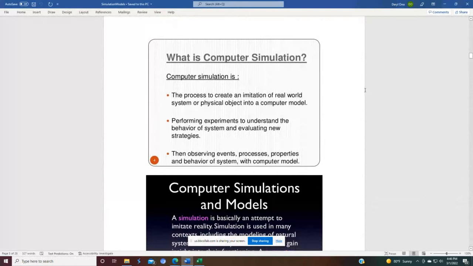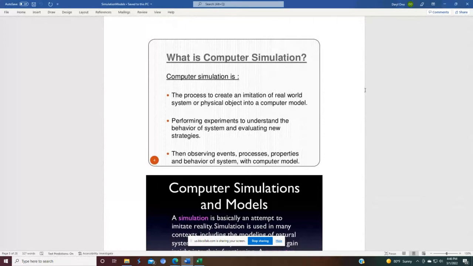So what is computer simulation then? Computer simulation, you want to imitate a real life system or process. All of that is modeled in the computer.